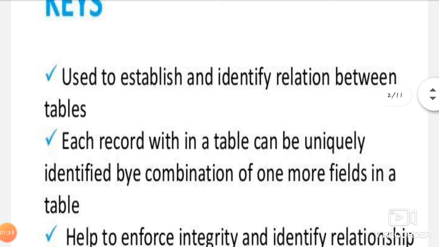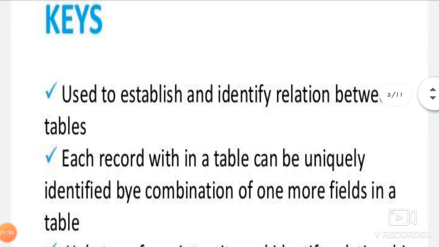So this key is used to establish and identify a relation between the tables. In a database there will be a lot of tables, and in that collection of tables we are going to establish and identify a relation between the tables. For that purpose we are using the keys.